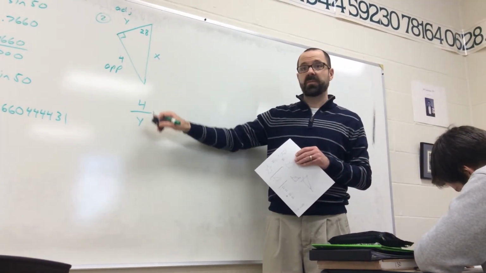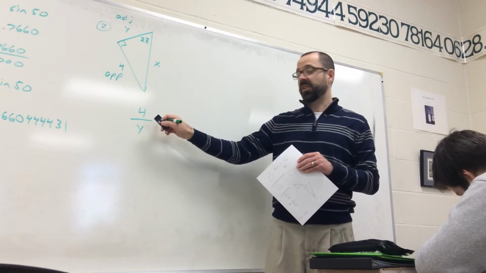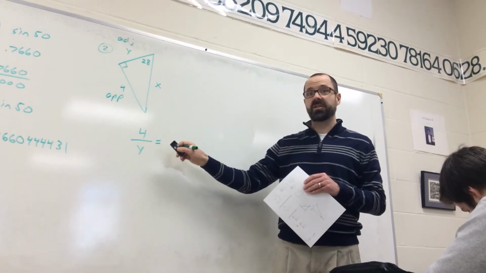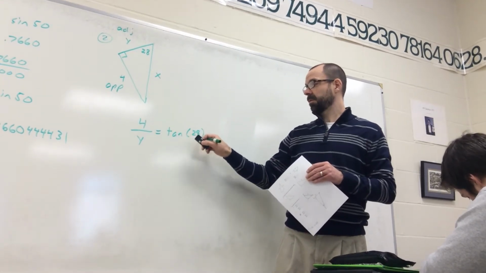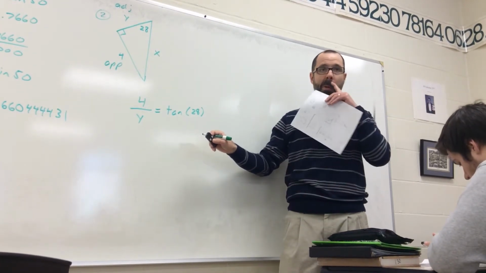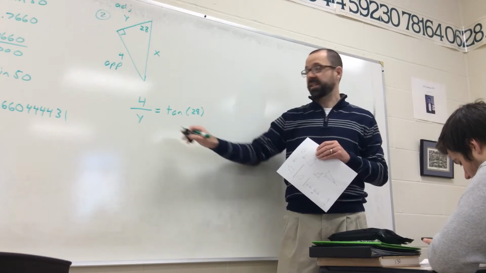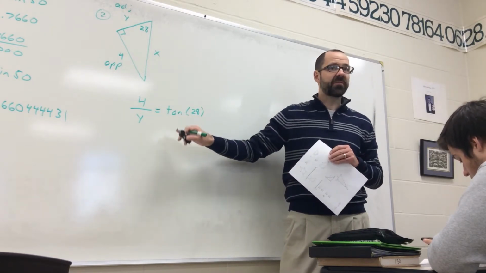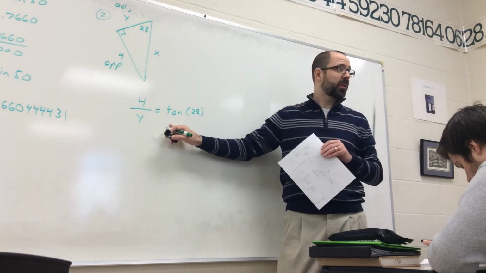So opposite's on top, adjacent's on the bottom. And yesterday we learned that the fancy name for that fraction is tangent. So that's the setup. And we're going to do some math to figure out why, but this is the setup. Is everybody okay with the setup?